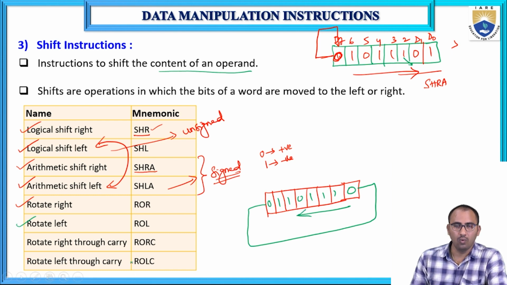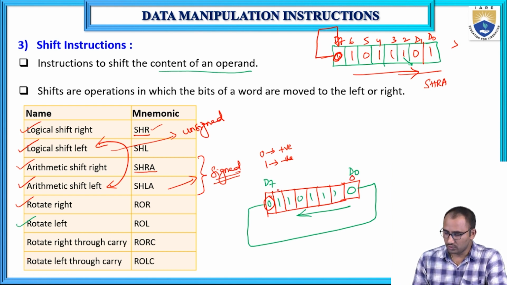Suppose you perform one rotate left operation. This is the D7 position, this is the D0 position. When you perform the rotate left operation, the D7 position data will come to the D0 position.